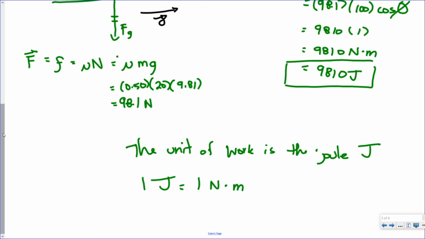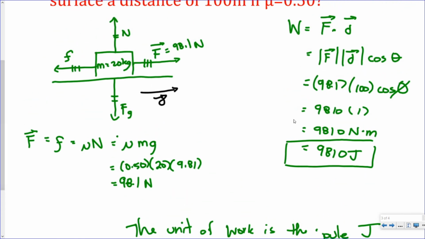Okay, so in this case, this part was kind of trivial, the dot product, the fact that cosine of 0 is 1. But if this had been an applied force at an angle, something like this, then if this was FA, you would have had to find FA sub X, probably we would call that.